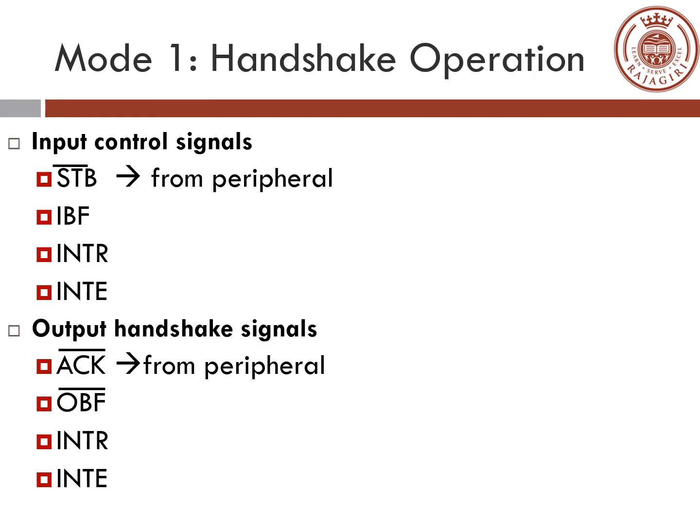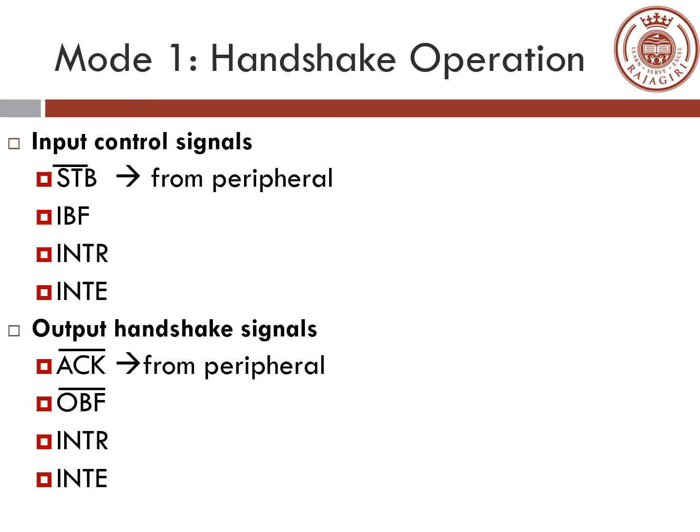Mode 1 supports handshaked I/O operation on ports A and B, which are 8 bits, and the handshake signals are generated from the bits in port C. So specific bits in port C are used for handshake signals for port A, and specific bits in port C are used for handshake signals for port B. The handshake signals are strobe bar, input buffer full, and INTR.